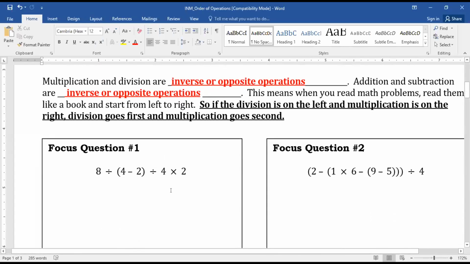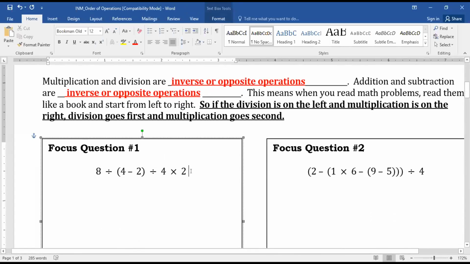So here with this focus question, you've got 8 divided by 4 minus 2 divided by 4 times 2. What are you going to do first? Yep. 4 minus 2.